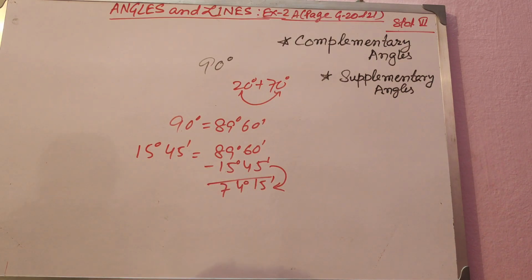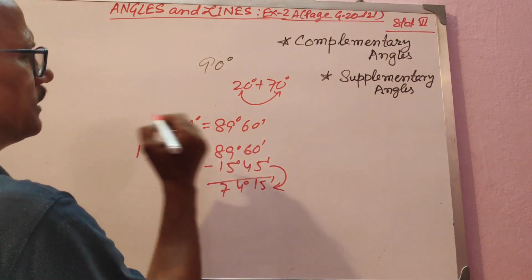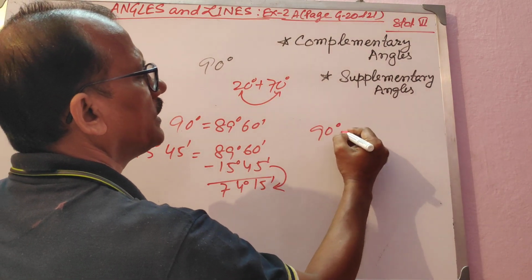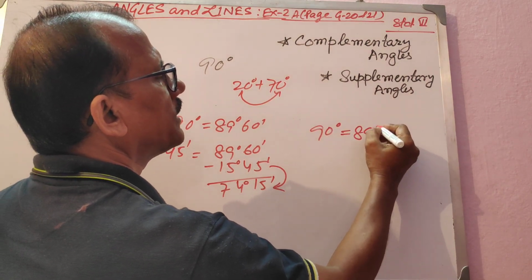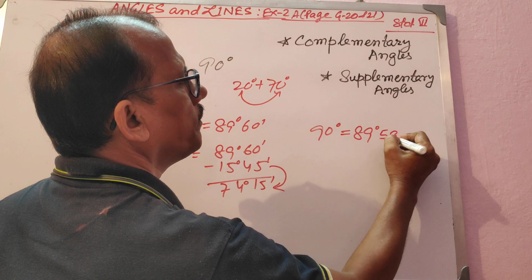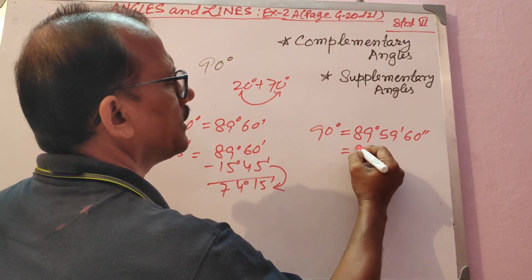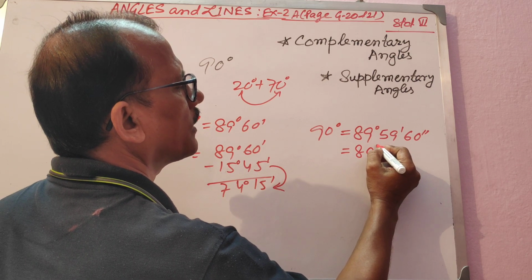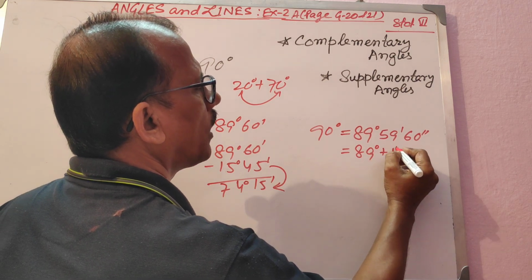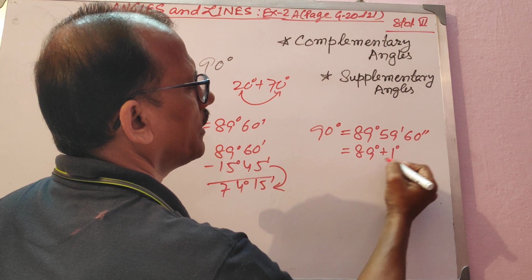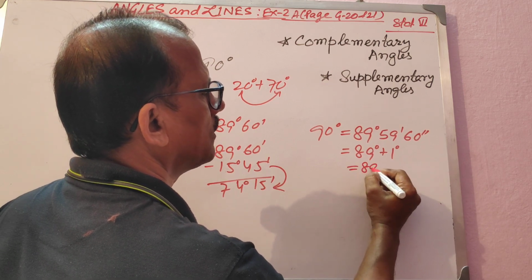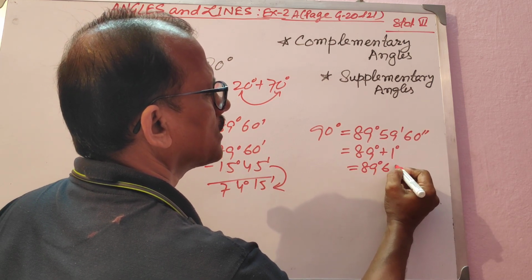Could you understand me? The 90 degrees can be written in degrees, minutes and seconds also, as 89 degrees 59 minutes 60 seconds. Can you write it down? Why can't you? 90 degrees can be written as 89 degrees plus 1 degree. That 1 degree can be written as 60 minutes.